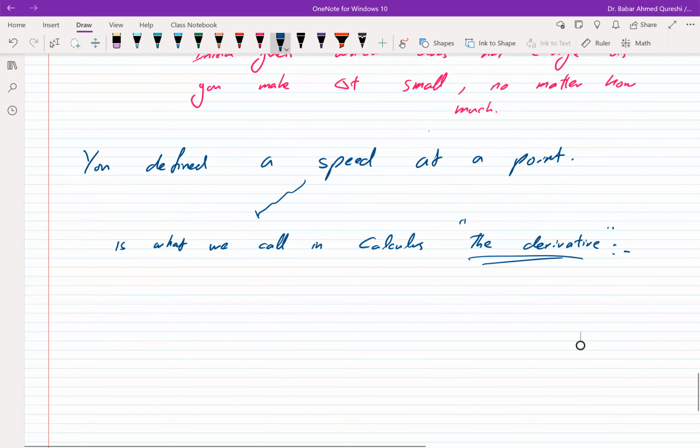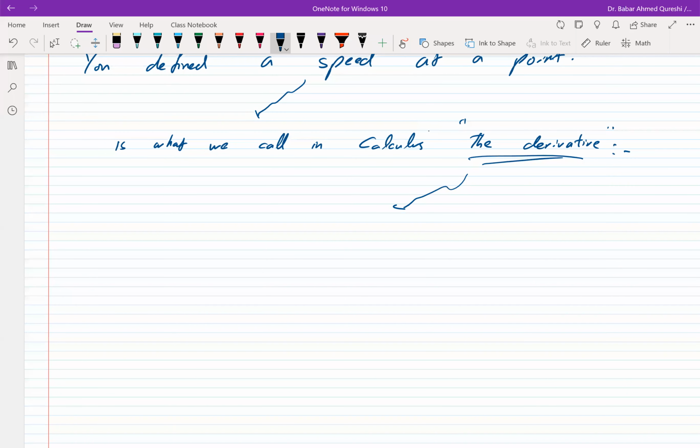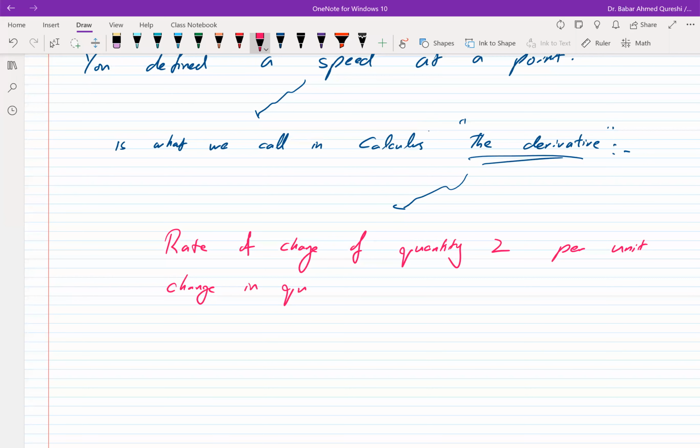So since it is the rate of change, derivative is rate of change of quantity 2 per unit change in quantity 1. So it literally defines how the quantity 2 changes due to changes in quantity 1 at each value of quantity 1, because you were able to define it at each instant of time.